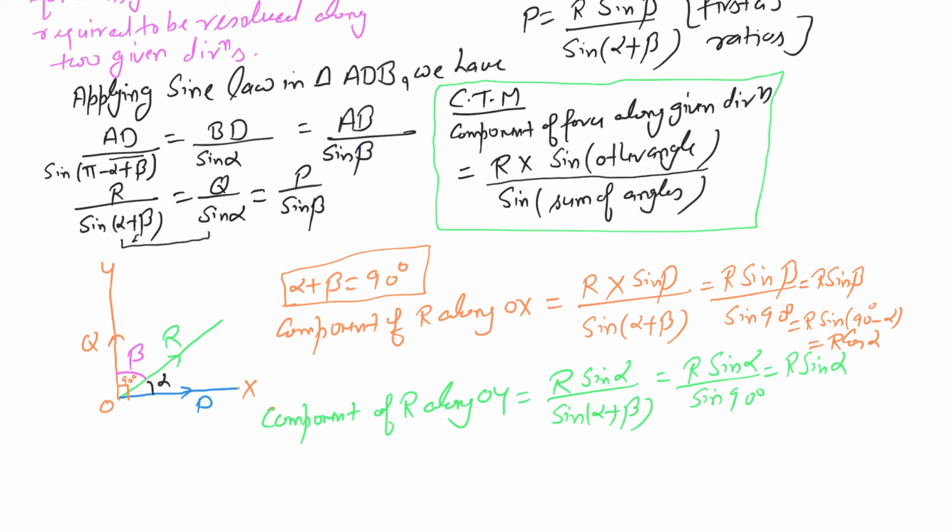So this component will be R cos alpha, and you know, the component with which it is making angle alpha is cos of alpha. So R cos alpha, and the other will be R sin alpha, which is the same that we obtained over here.